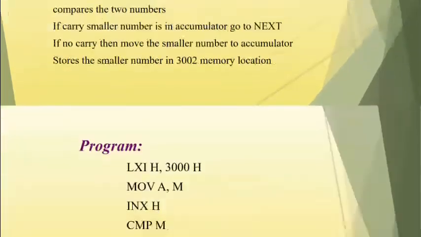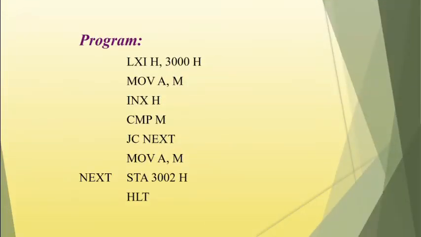3002H. Let us see the program. LXI H, 3000H. LXI means load, X stands for register pair, I stands for immediate address. So load immediate address 3000H into register pair HL.